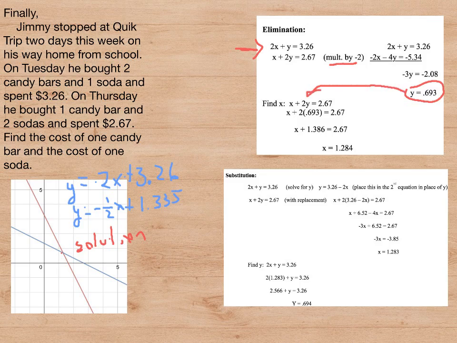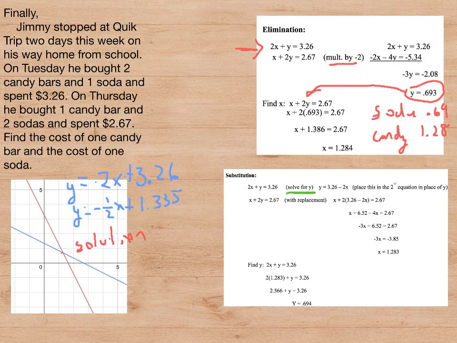So we would find out here, more easily than the graph, that the soda is about 69 cents, and a candy bar is about $1.28.